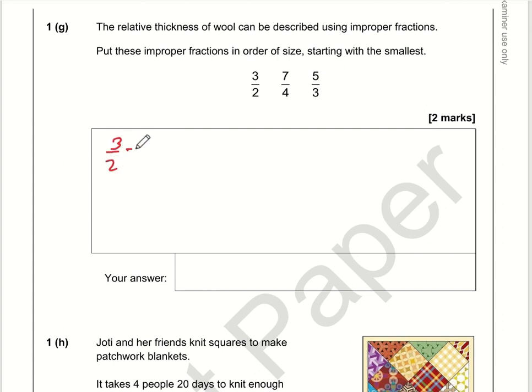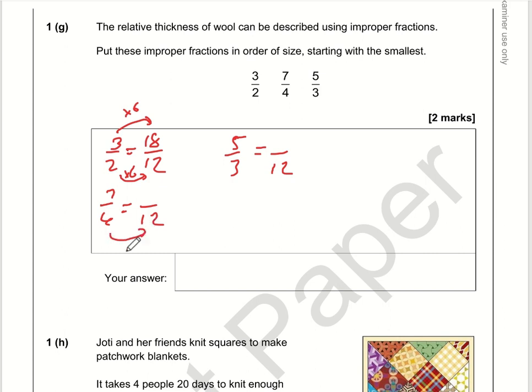So 3 over 2 equals what over 12, 7 over 4 equals what over 12, and 5 over 3 equals what over 12. So 3 over 2, we can see that the number on the bottom has been multiplied 6 times, so for an equivalent fraction we need to multiply the top by 6. 3 6s are 18. On 7 quarters, the number on the bottom has been tripled, so we need to triple the top as well, and 7 times 3 is 21.